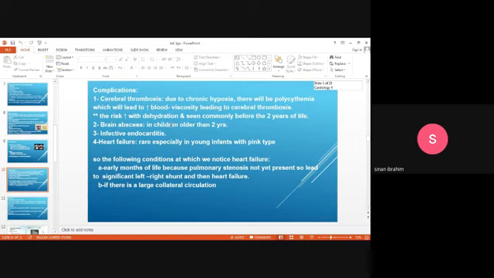Usually heart failure is rare in patients with TOF because of the protection of the lung and heart by the pulmonary stenosis. But when we have mild pulmonary stenosis, this large VSD will act like the usual classical VSD, and this large shunt will end with heart failure.